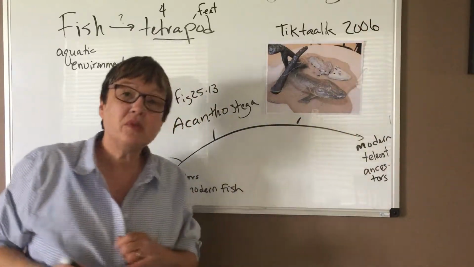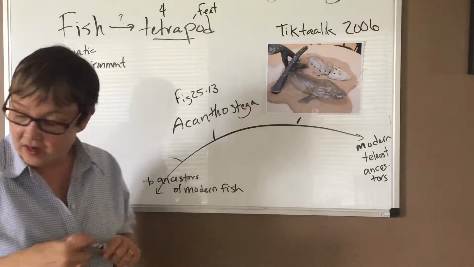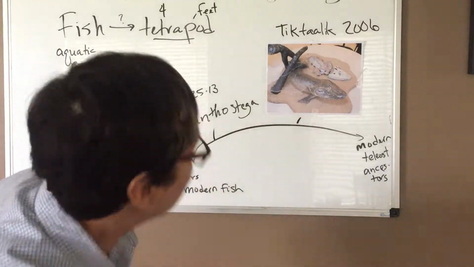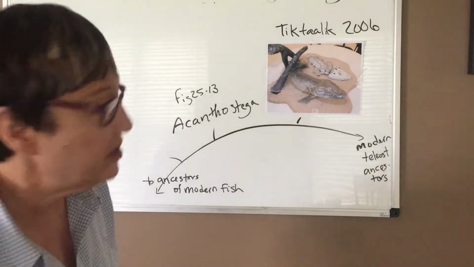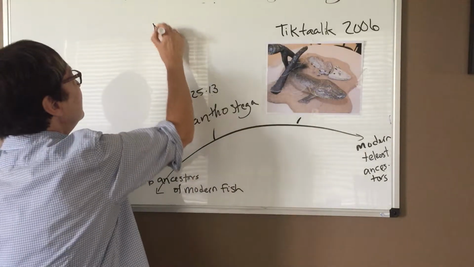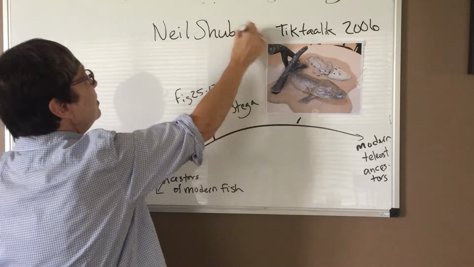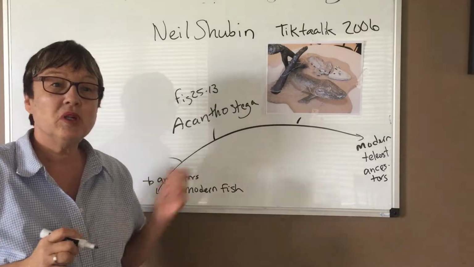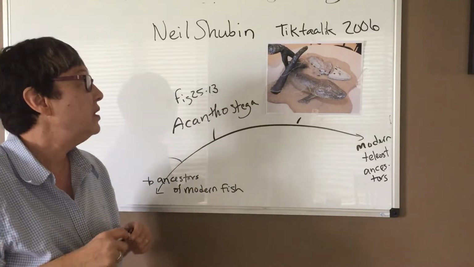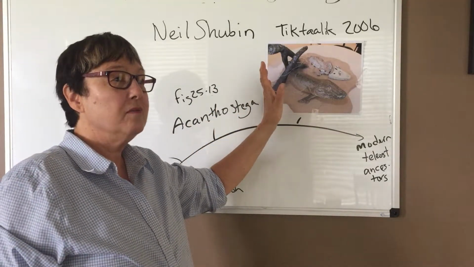I believe it was the summer of 2006, and one of the discoverers, it's actually at University of Chicago, and his name is Neil Shubin, and he's written quite a lot about this particular fossil.